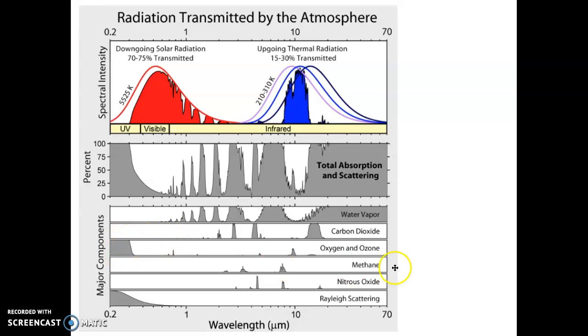nothing. UV, if anything, so I'm not interested in that. Methane, again, in that infrared range. Nitrous oxide is in that infrared range. So all of these greenhouse gases absorb these frequencies, which are in the infrared.